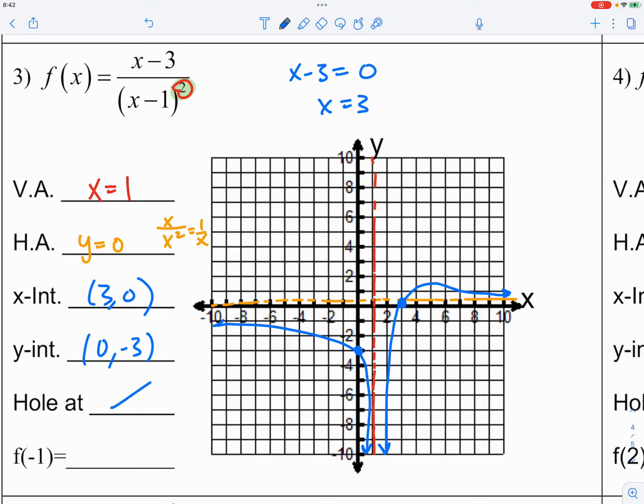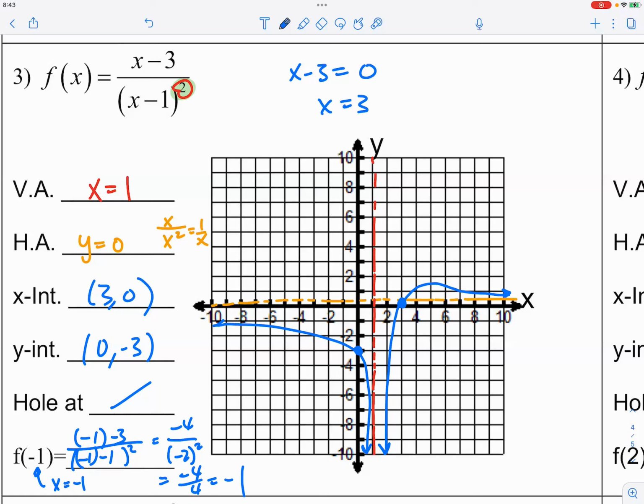You can ignore the hole because we will talk about the hole in just a moment. Now, over here, when we say f of negative 1, it simply means x is equal to negative 1. What's the y value? There'll be negative 1 minus 3 over negative 1 minus 1 squared. So the denominator would be just negative 2, and then you would square it. So you have negative 4 over 4, which is negative 1.